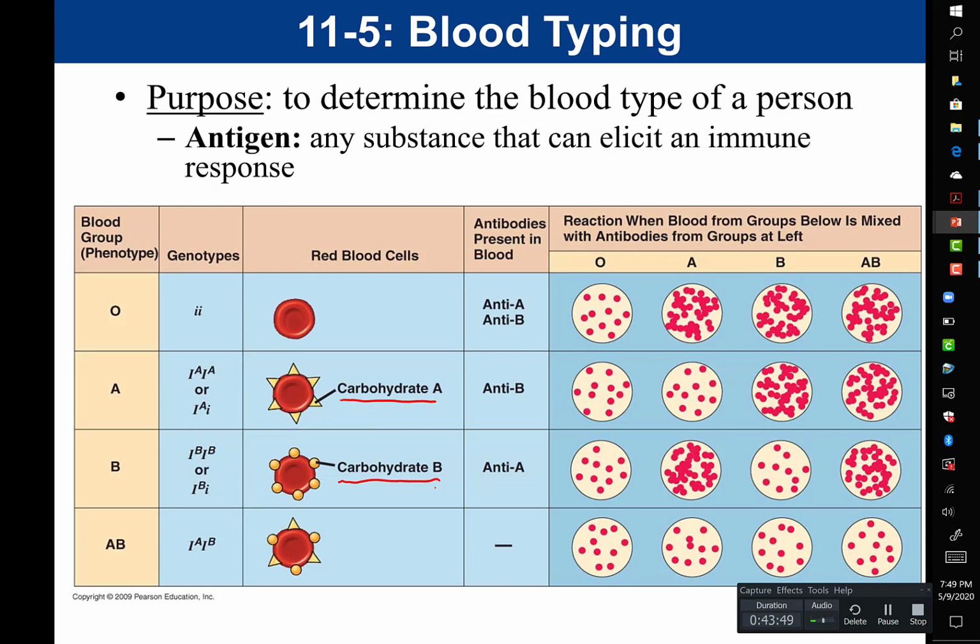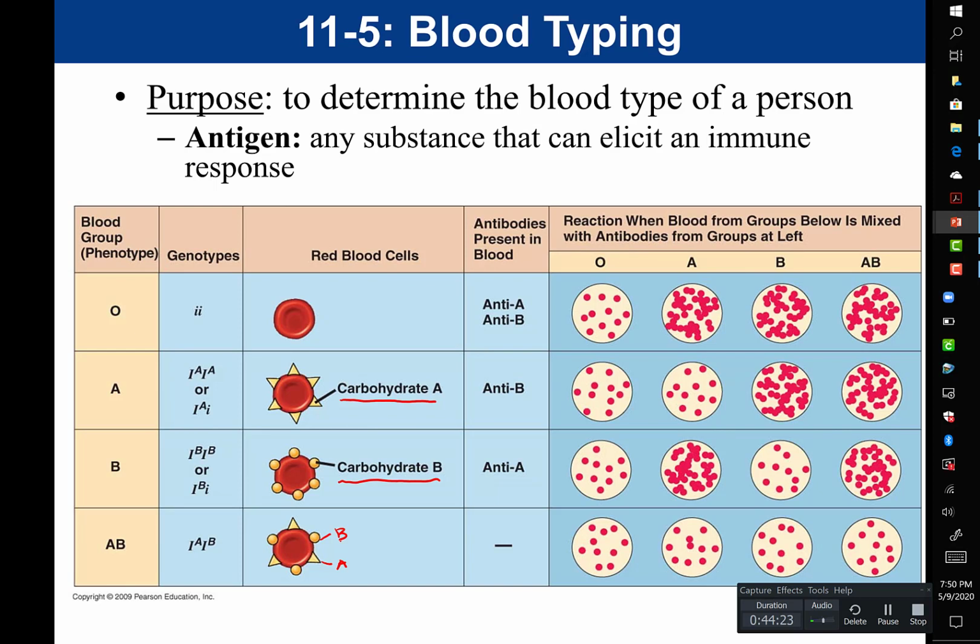If somebody is AB, notice that they have the A carbohydrate and they have the B carbohydrate. They make both. For blood typing, the A and the B, we call those alleles. Those are alternate versions of a gene. They both are going to produce an antigen on the surface of the red blood cell. They're both going to produce a carbohydrate, but the A carbohydrate is a little bit different than B.